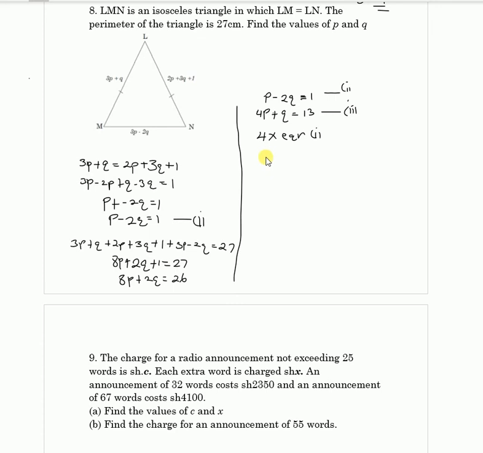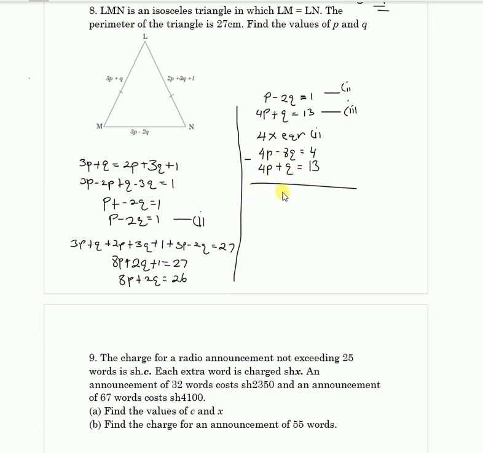So equation 1 can be rewritten as 4P minus 8Q equal to 4. That is equation 1 after multiplying through by 4. Then equation 2 still remains 4P plus Q equal to 13. When I subtract, the 4P terms go.